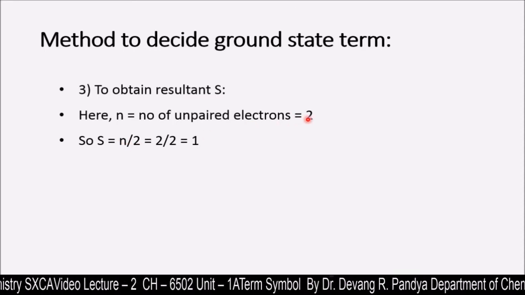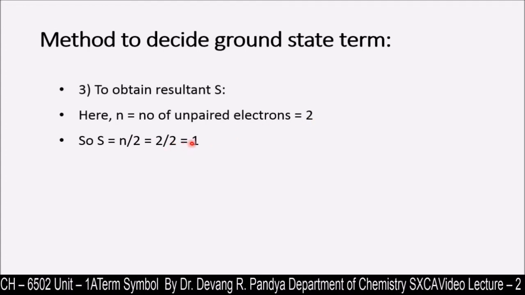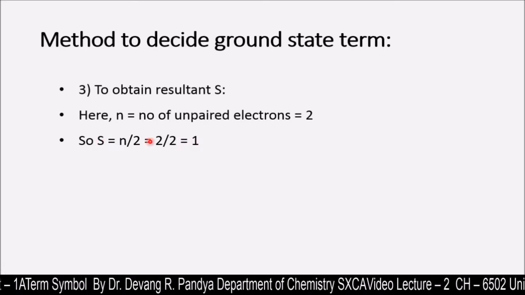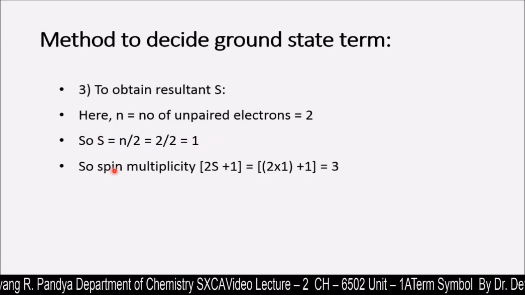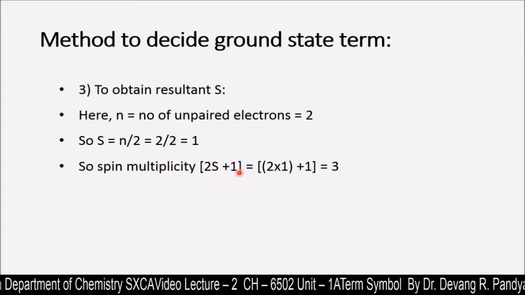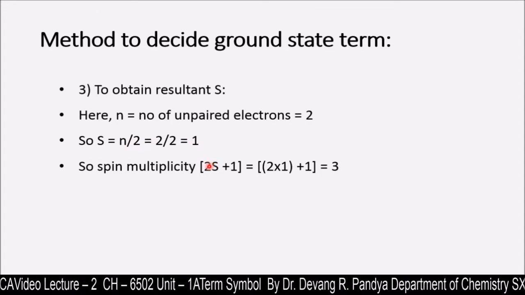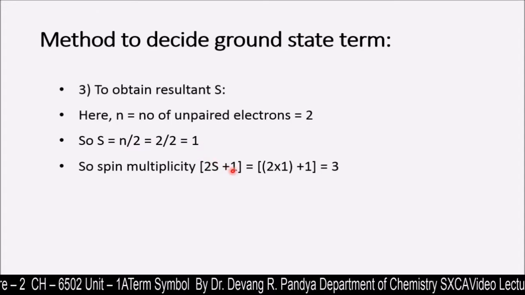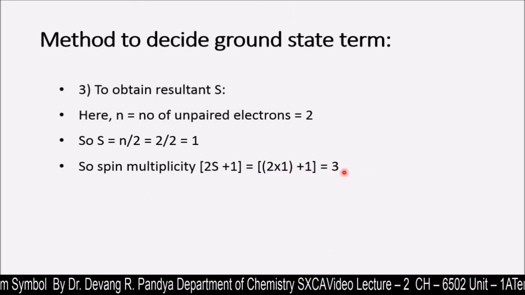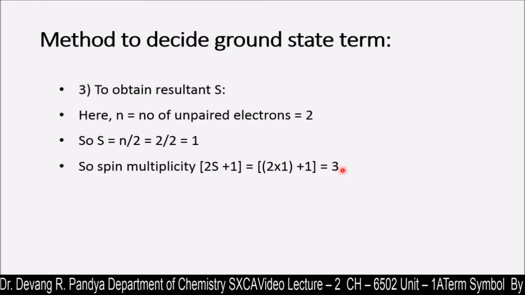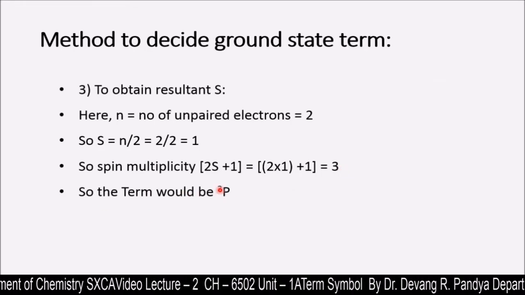Here the number of unpaired electrons is 2, and 2 divided by 2 is 1. So the value of S is equal to 1. Now using that value of S, we can calculate the spin multiplicity using the equation 2S plus 1. Substituting S equal to 1, 2 into 1 is 2, plus 1 is 3. So we get the spin multiplicity 3. That means this state is a triplet state, so the term should be written as triplet P.